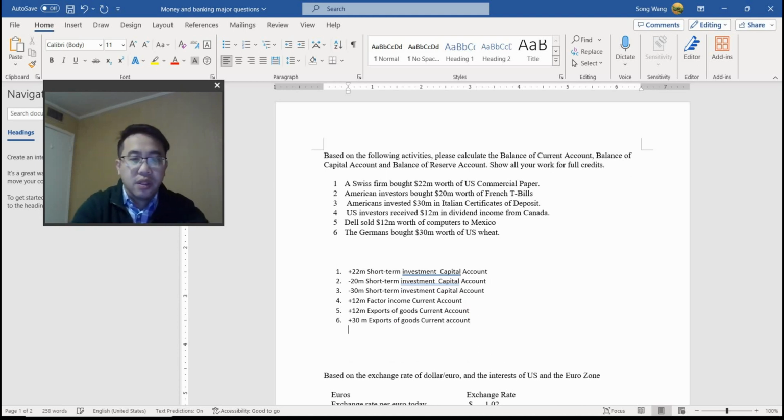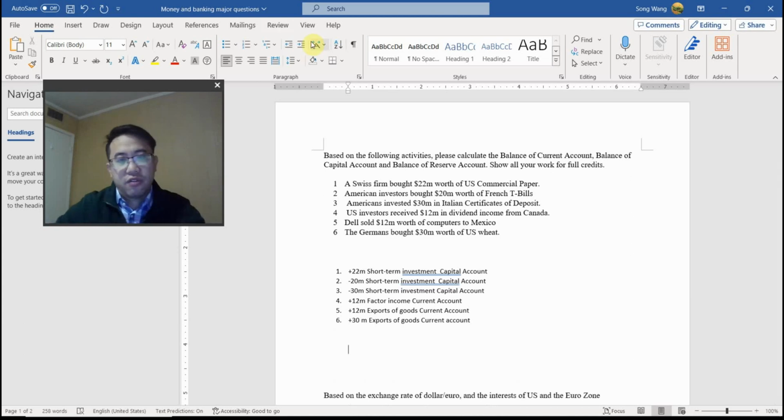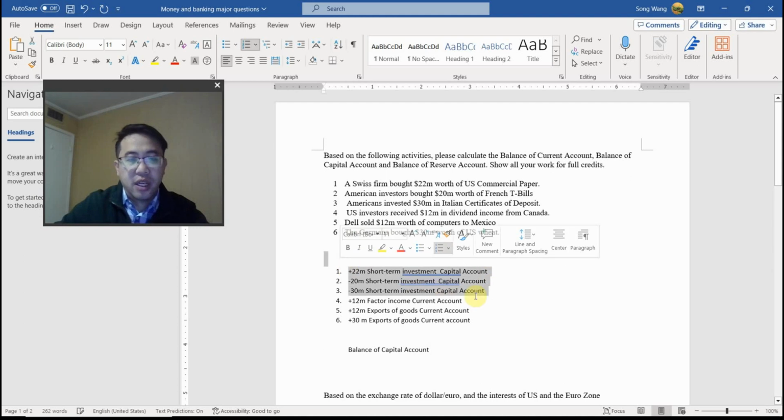Okay, so that's how you do the analysis for these activities, and then you are going to do the math and consolidate. You will get the balance of the capital account based on the first 3 activities: 22 positive, negative 20, negative 30.